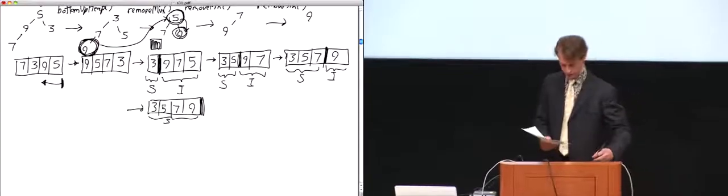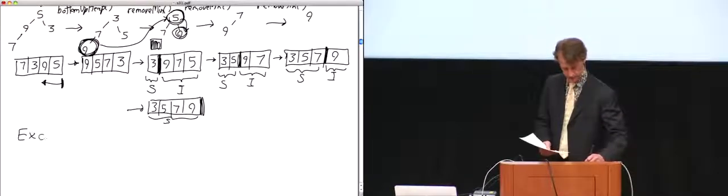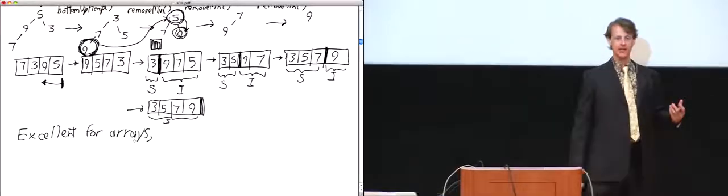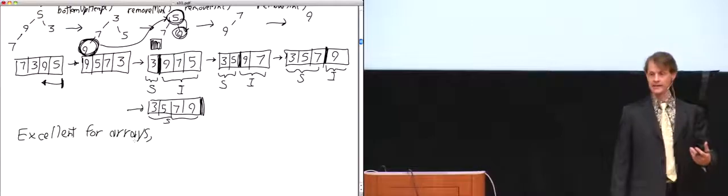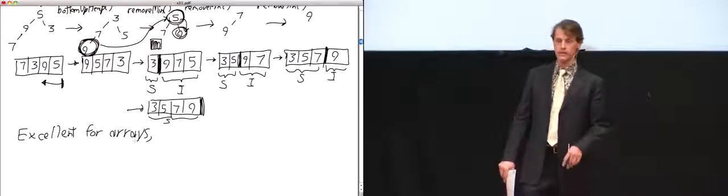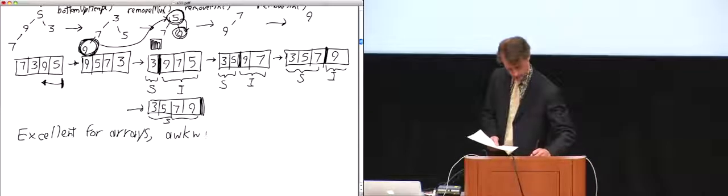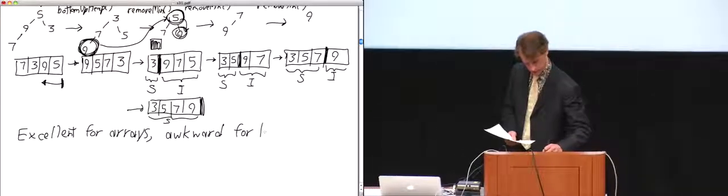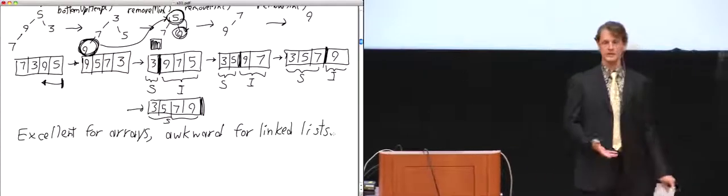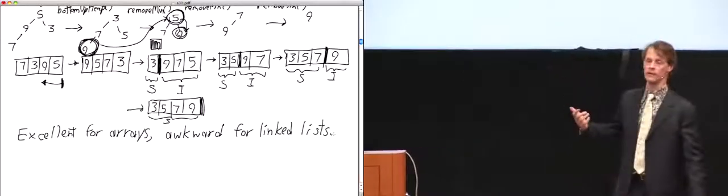So one thing about heap sort, by the way, is that it is excellent for arrays. Because it runs in n log n time, it's really fast, and it's an in-place sort, so it's really memory efficient too. But it's really awkward for linked lists. It really is not the sort of choice for linked lists, because how do you sort linked lists with heap sort?